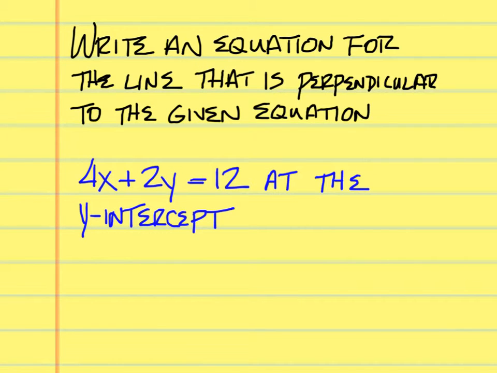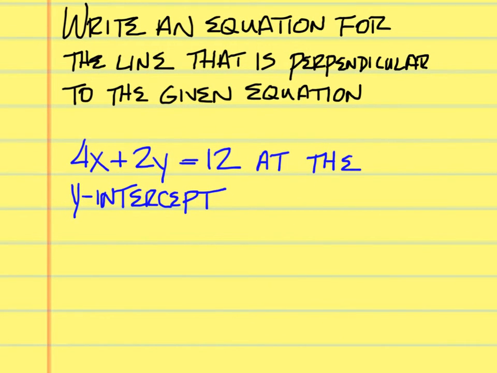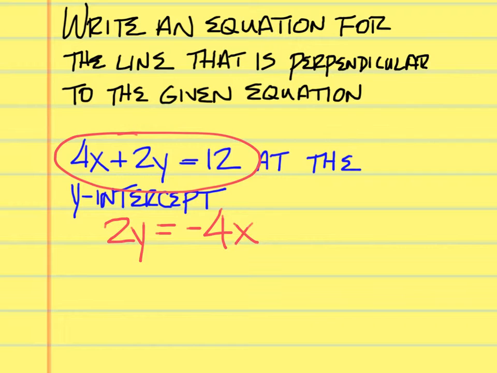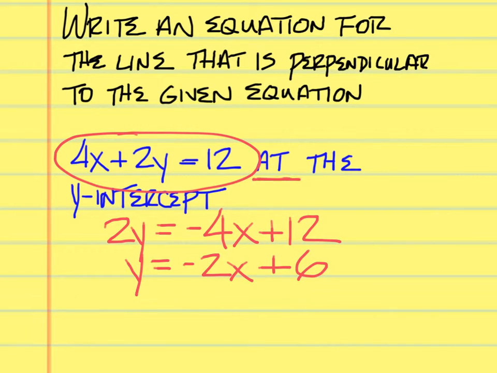So we know that we have to change this into slope-intercept form. So keep the 2y where it's at and move the x term to the right, and then divide everything by 2. So we know that the slope is -2. But look at this. It's got to cross at the y-intercept. This line that we're making must go through the y-intercept.